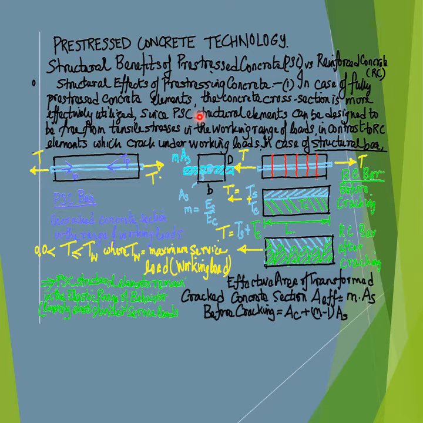In case of fully pre-stressed concrete elements, the concrete section is more effectively utilized, since pre-stressed concrete structural elements can be designed to remain uncracked or even free from tensile stresses in the working range of loads, that is, in the range of working stresses under working loads or service loads, by design, in contrast to the reinforced concrete or RC elements which crack under working loads.